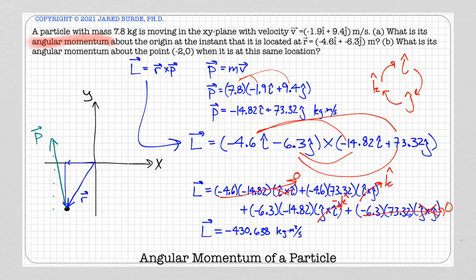Here I have my overall angular momentum. If I look at sig figs, I see that I have two sig figs, so we'll go ahead and round this to negative 430 kilogram meters squared per second, and this is in the k-hat direction. What that means is that this is going to be clockwise, right? The k-hat direction is the z-axis.